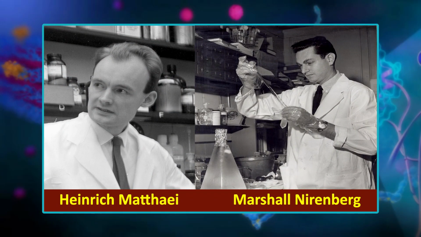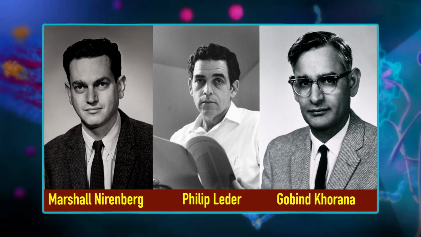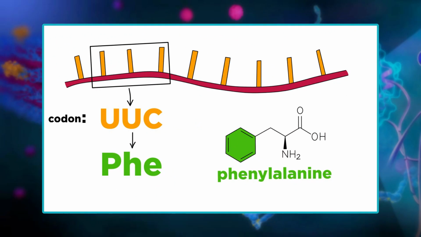During the same year, Marshall Nirenberg and Heinrich Matthaei performed experiments that began deciphering the genetic code. They showed that the RNA sequence UUU specifically coded for amino acid phenylalanine. Following this discovery, Nirenberg, Philip Leder, and Har Gobind Khorana identified the rest of the genetic code and fully described each 3-letter codon and its corresponding amino acid.